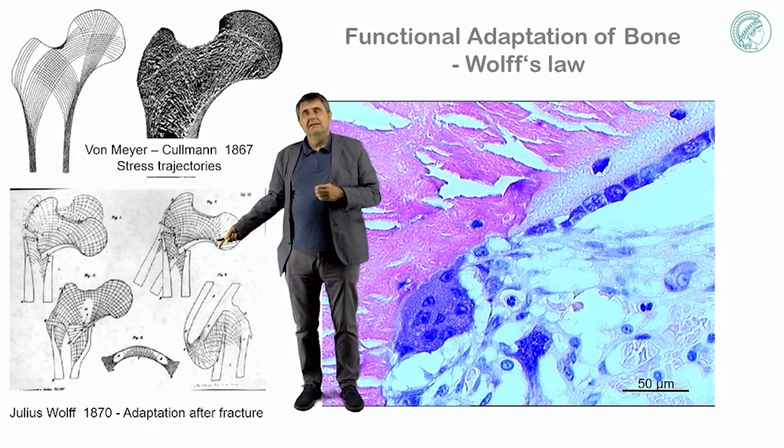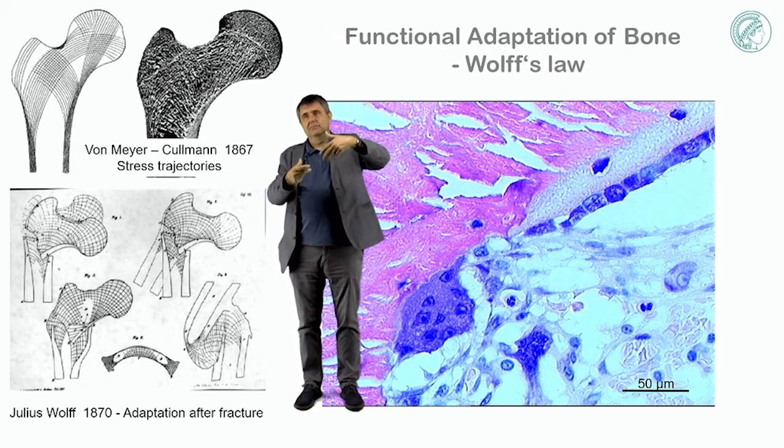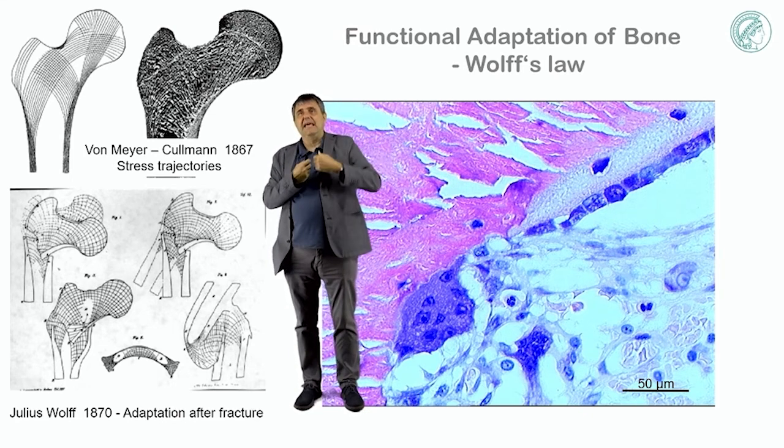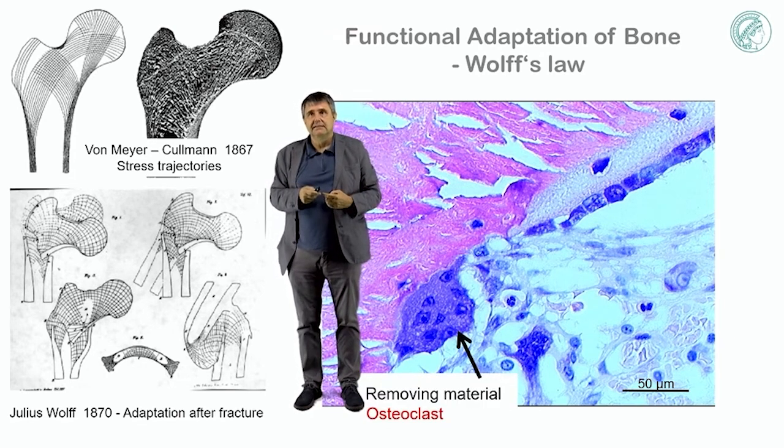But even more interesting is the observation by Julius Wolff from the Charité hospital in Berlin, who discovered that when after a fracture, a bone is healing in a wrong position, for example, with an angle between the two parts, something we really don't want. But surprisingly, even under these circumstances, the bone's internal structure changes gradually and adapts as much as possible to this unusual situation. So there is something in this material that allows it to adapt.